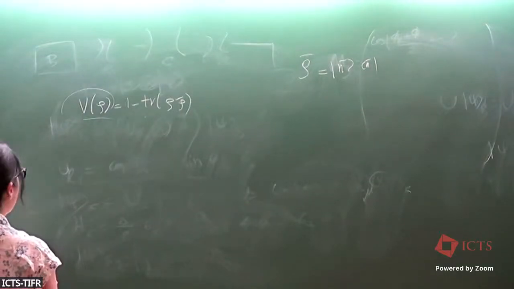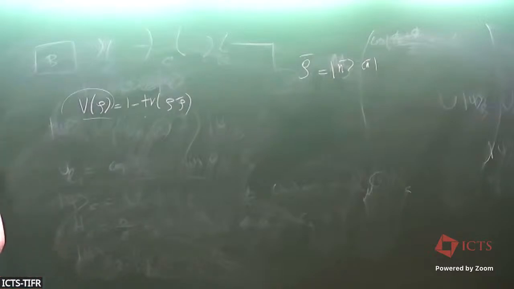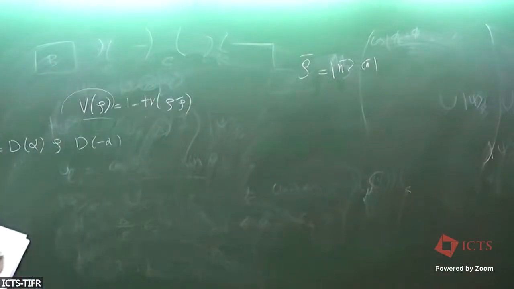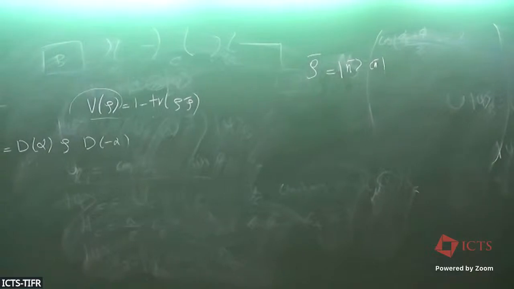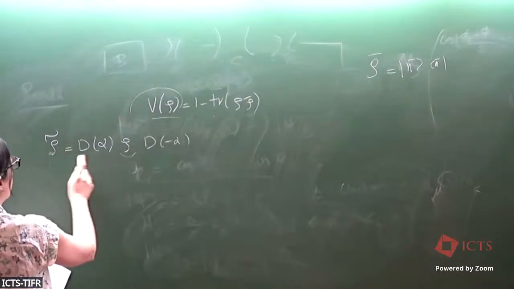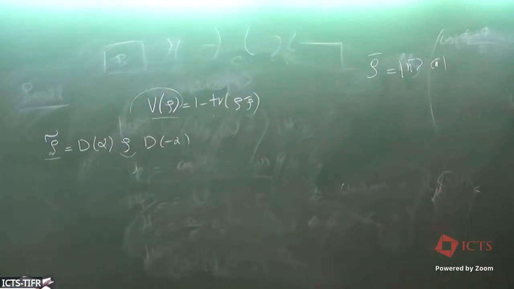So you define your state rho tilde. Suppose that your state just before the feedback is given by rho, and you want to see what is your rho tilde.